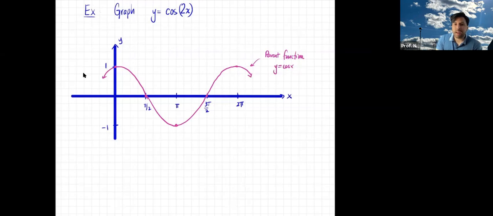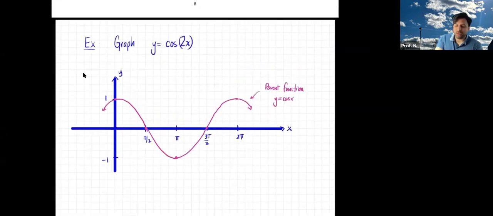Now, what happens when I have cosine of twice the angle? In other words, what transformation am I applying here? There's only one transformation. But what is that transformation? What does that 2 represent? So remember, guys, what happens when you multiply the x value inside the function?